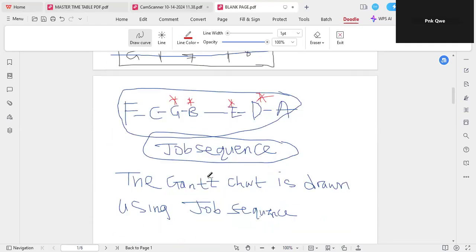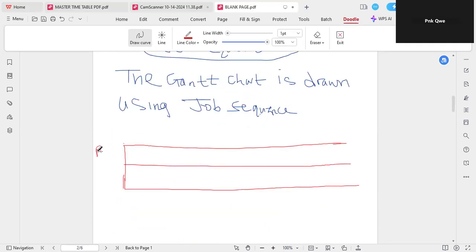So we have the printing hours, so this is for printing, and binding.